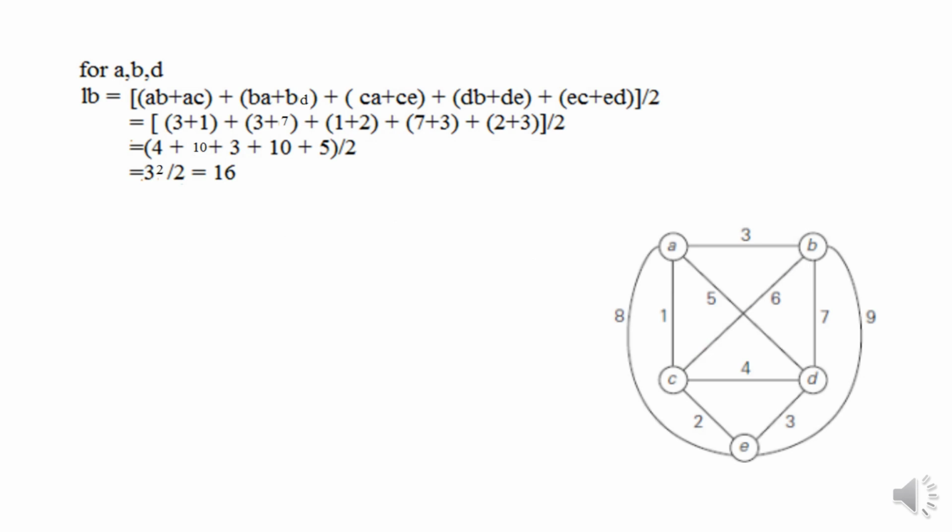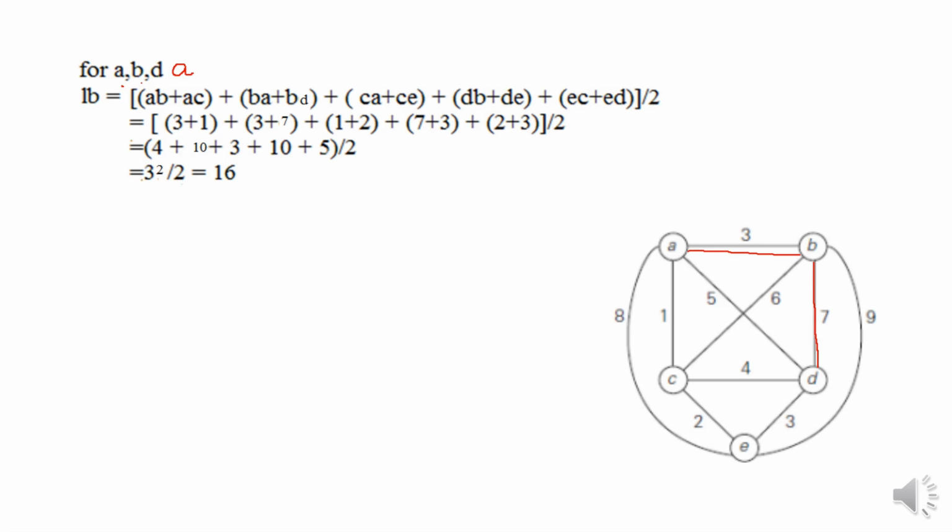Now if we consider visiting city A followed by city B then to city D, that means I go from A to B, then I go from B to D. These edges should be considered. So when I consider for the vertex A, this edge should be there and the other edge is the least one.